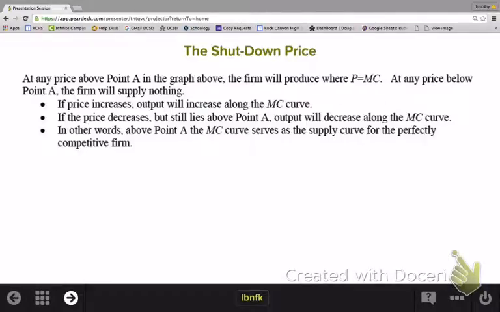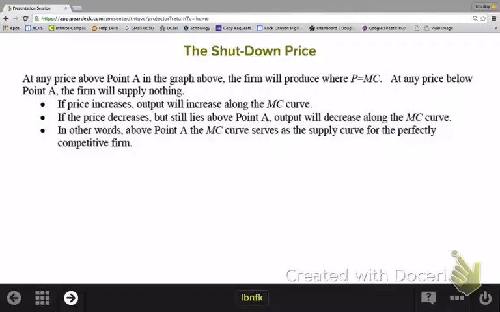If price decreases, but still lies above point A, output will decrease along the marginal cost curve. In other words, above point A, the marginal cost curve serves as the supply curve for the perfectly competitive firm. Below point A, it supplies nothing.